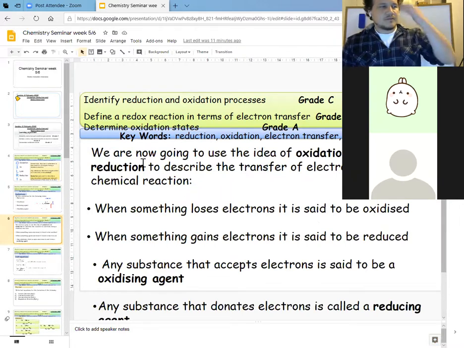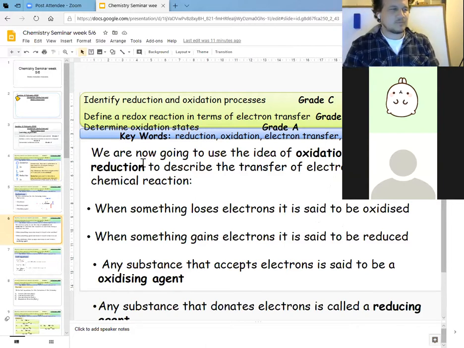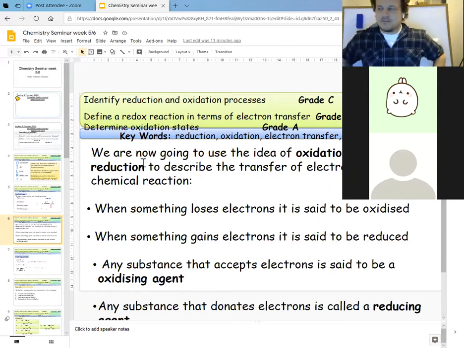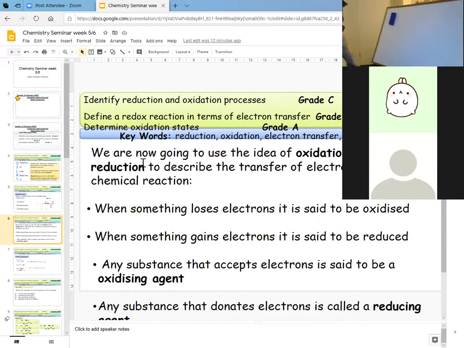So, in order to sum that up a little bit, when something loses electrons, it's oxidized. When something gains electrons, it is said to be reduced. So, let me go back up here. You're wanting to answer those tutorial questions.